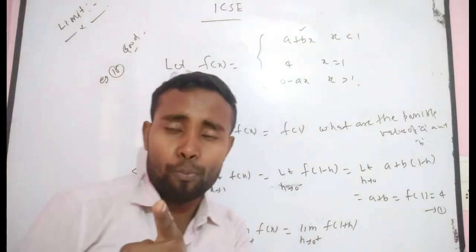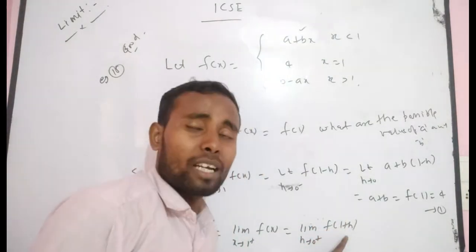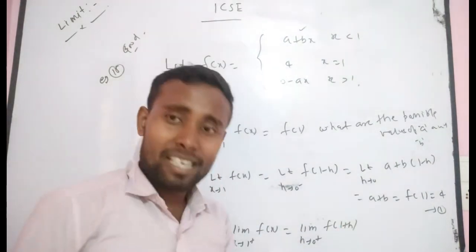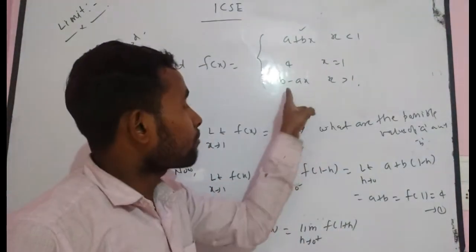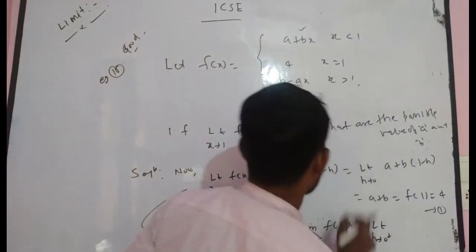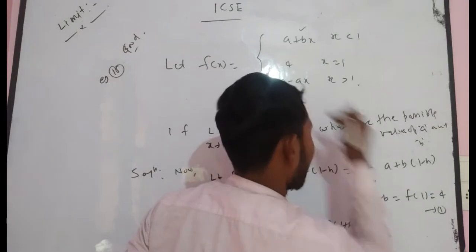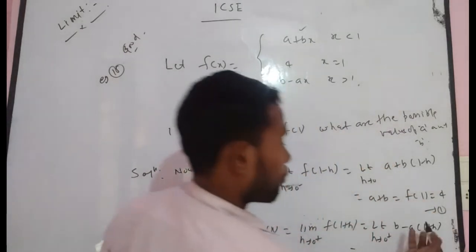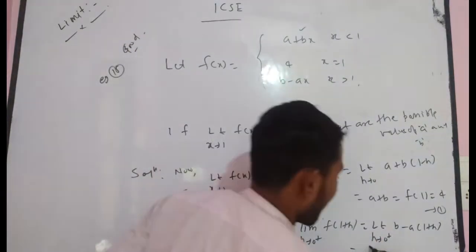Now you have to choose the proper function. Since x is slightly greater than 1, you choose this function. Replacing x by 1 plus h, you can write b minus a into 1 plus h. Now put h equal to 0, then you get b minus a.